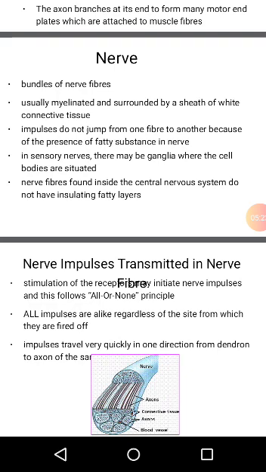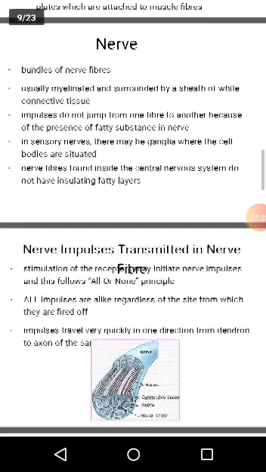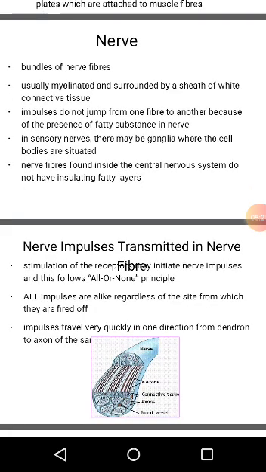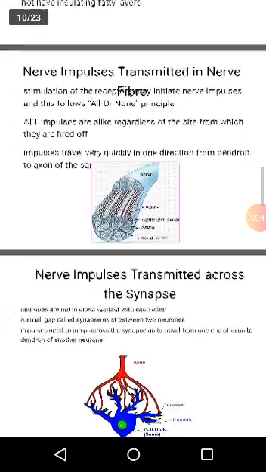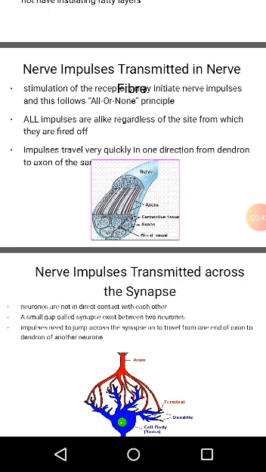Impulses do not jump from one fiber to another because of the presence of fatty substances in the nerve. In a sensory nerve, there may be a ganglion where the cell bodies are situated. Nerve fibers found inside the central nervous system have insulating fatty layers. In this slide, you can see a nerve impulse transmitted in a nerve fiber.